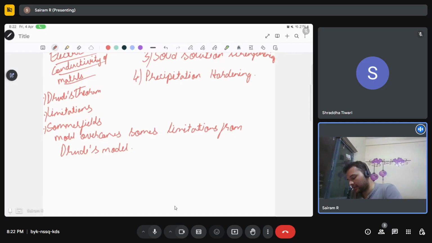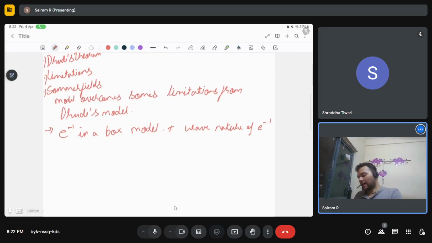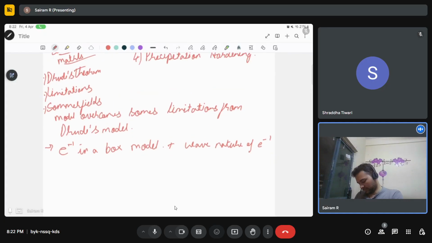And then we saw, basically, the electron in a box model, and how we can use the electron in a box model with the wave nature of electrons to determine what happens, and to have the fundamental form of Ohm's law, right?